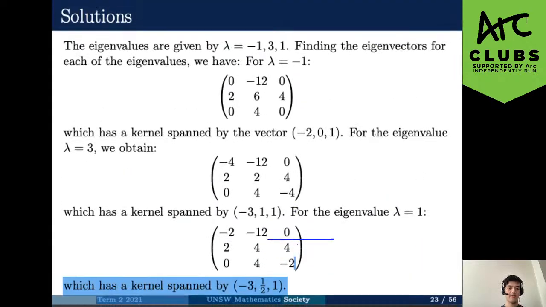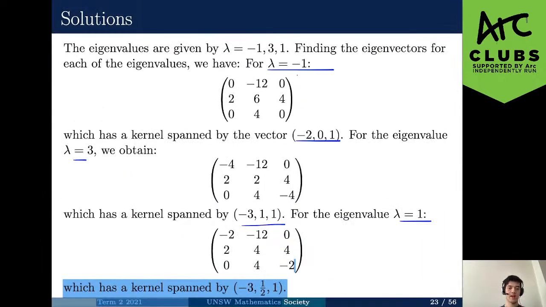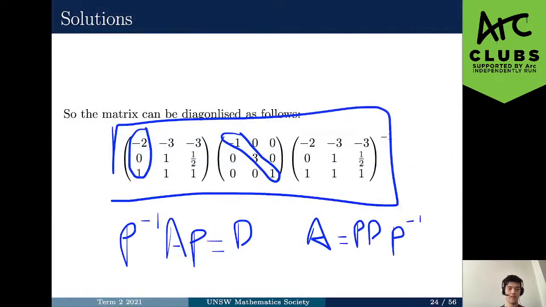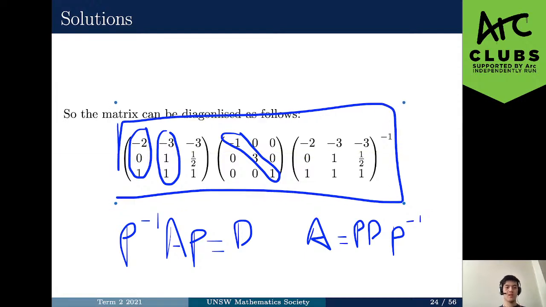The eigenvalue of 3 has an eigenvector of -3, 1, 1, like so. And then this one here is just the inverse of that matrix. Usually if the question asks you to find the matrices such as diagonalizable, you can just leave it in this form. Finding the inverse is of course very annoying, and multiplying them all together is also very annoying. You shouldn't need to do that in your exam.